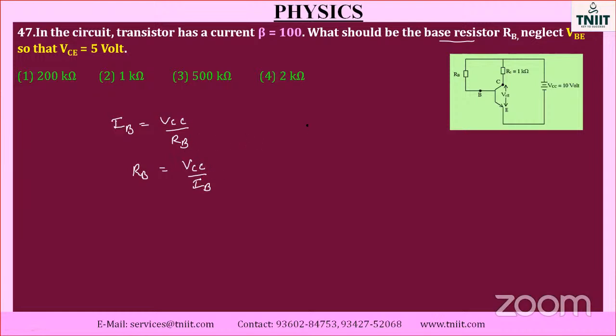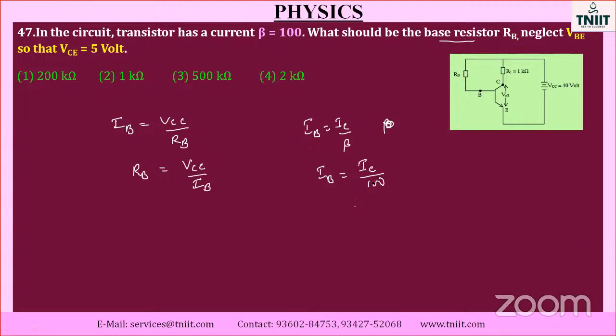So how to calculate IB then? IB is calculated by using IC by beta. What is beta? Beta is given as 100.